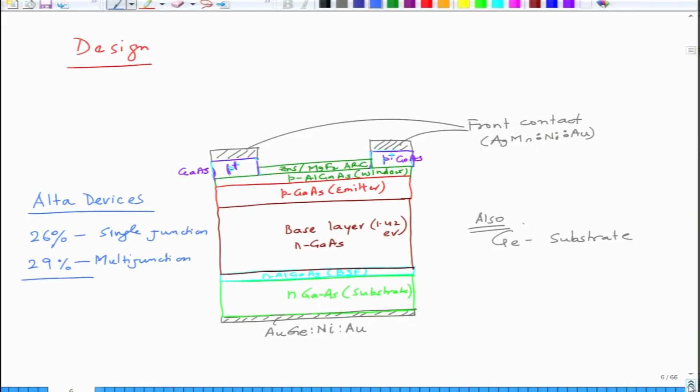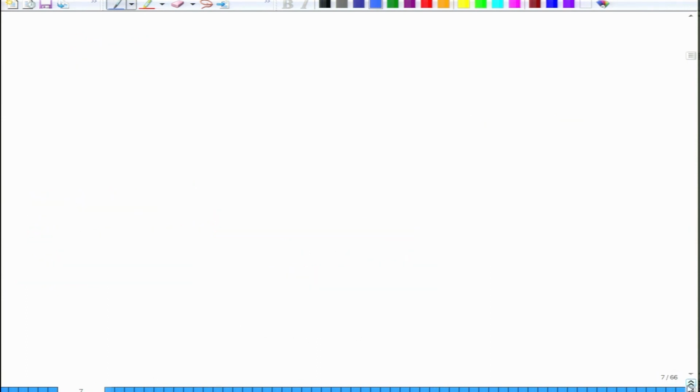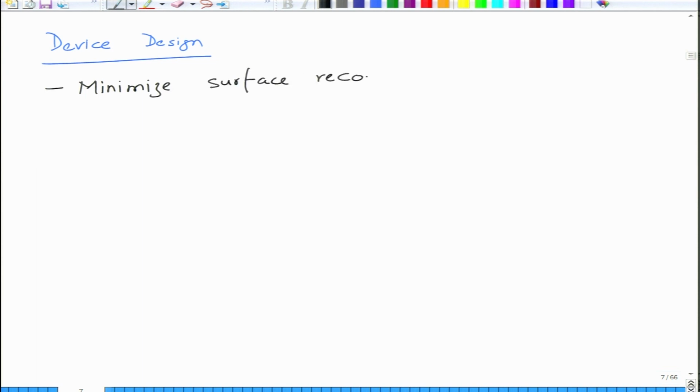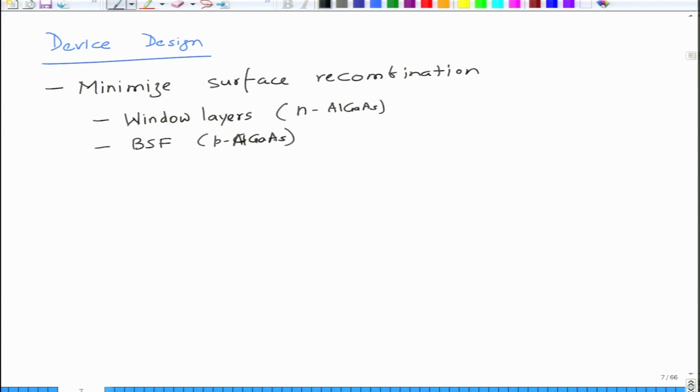So, these principles are valid, and so basically the device design requires one to minimize surface recombination, and for that people use these window layers, for example N type aluminum gallium arsenide for instance, and you can use back surface field layers which are P aluminum gallium arsenide to reduce the surface recombination.